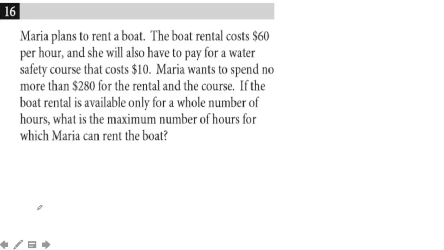Okay, I can imagine the number of hours is h. Each hour is $16, so h hours will be 16 times h, plus the safety cost 10, will be no more than $280.